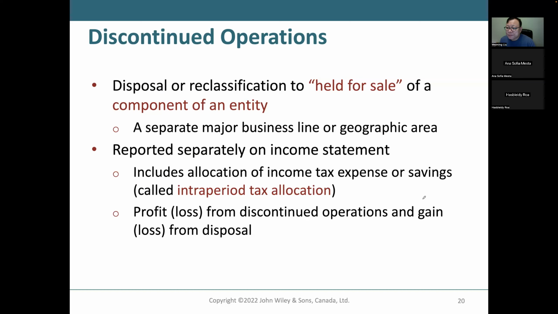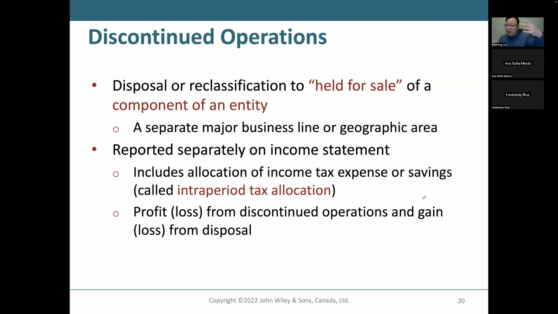Okay? Because users want to know. They need to understand that this year there is a profit or loss from this operation, and this is a discontinued operation. Next year, that operation will not be there.